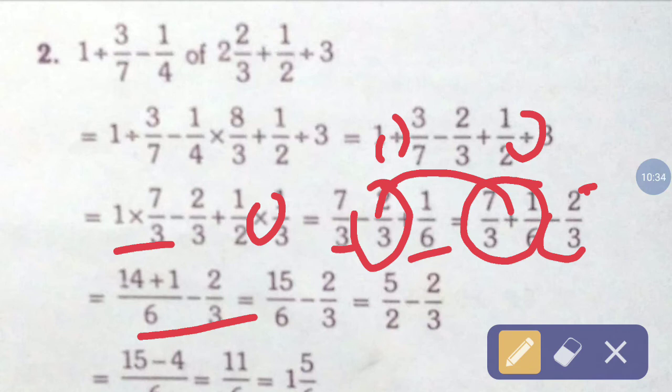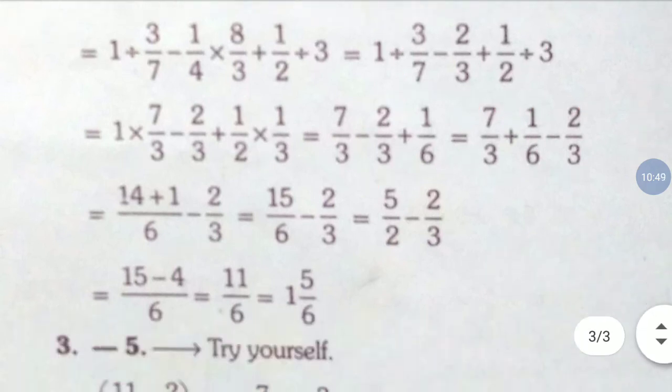As we are having 15 upon 6 minus 2 upon 3, 15 upon 6 means 5 upon 2 if we reduce the term. You will be getting 5 upon 2 minus 2 upon 3. Again, your denominators are different, so you have to make the denominators the same and then only you are able to solve it.